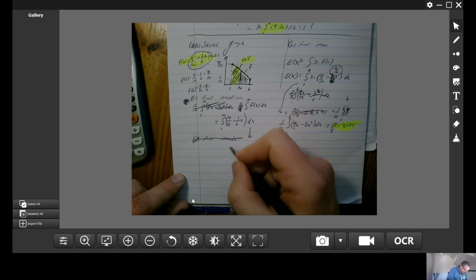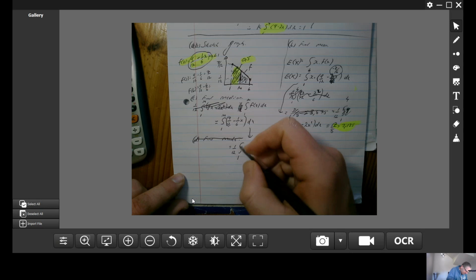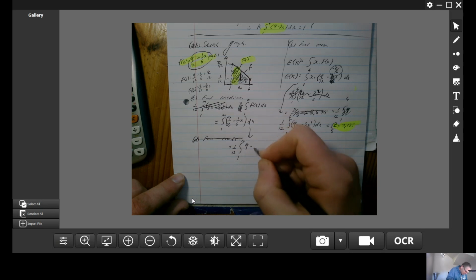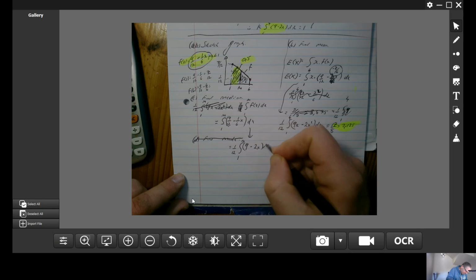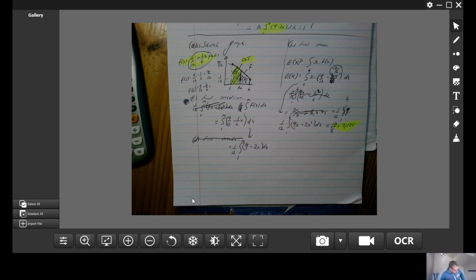If we take out a 12th to make it prettier, it's going to be a 12th integral between 1 and m of 9 minus 2x with respect to x.